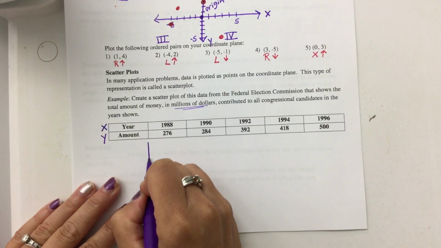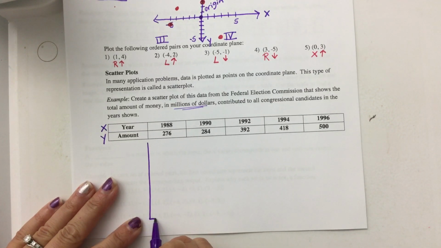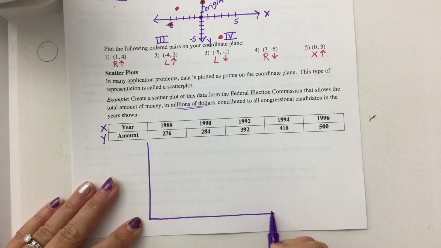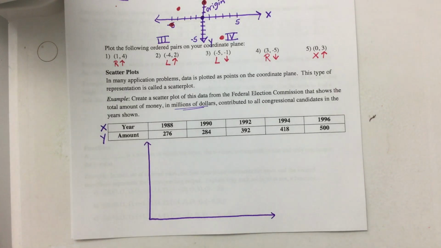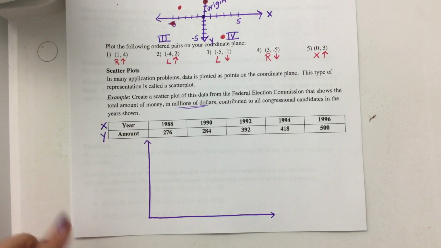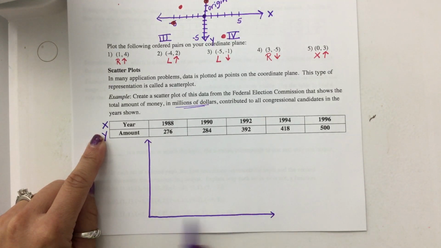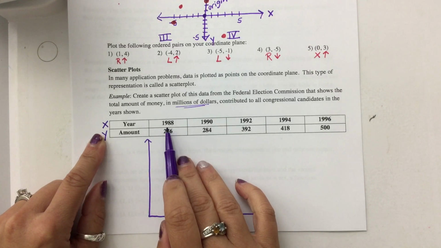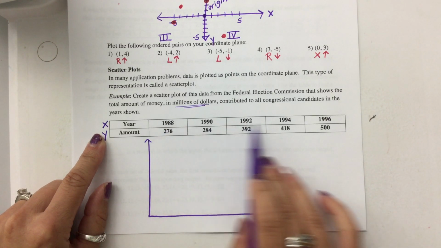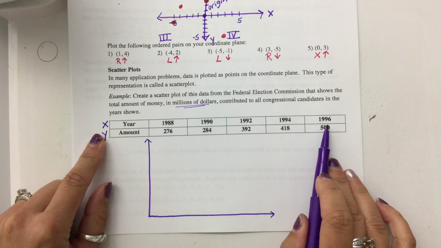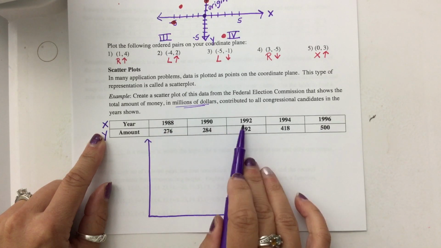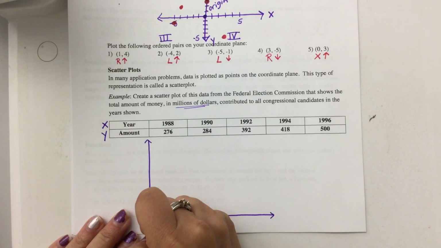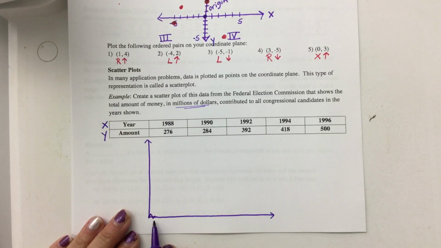The reason why that's important is because as we go ahead and we want to make a scatter plot, we have to know which values to include. So the X value goes side to side. We are going to go from the years 1988 to 1996. So what I notice is it's every 2 years. So I'm going to include a break symbol. That means I'm not starting at 0.